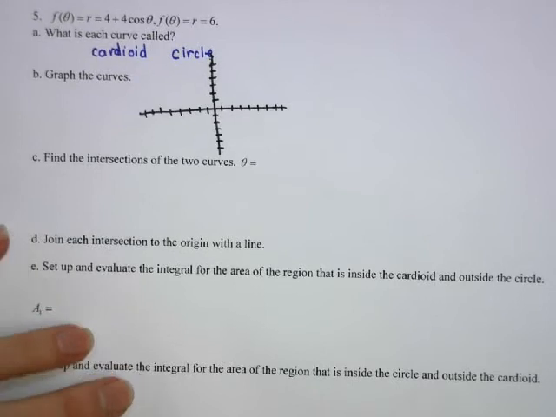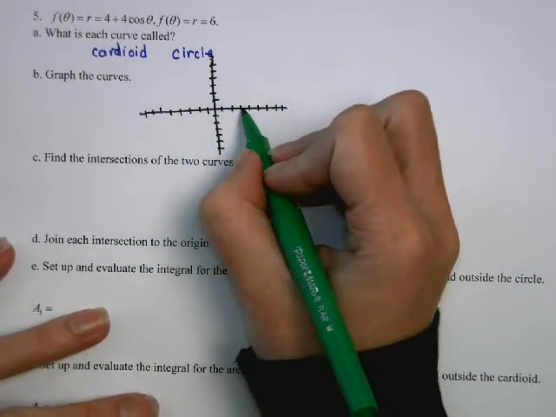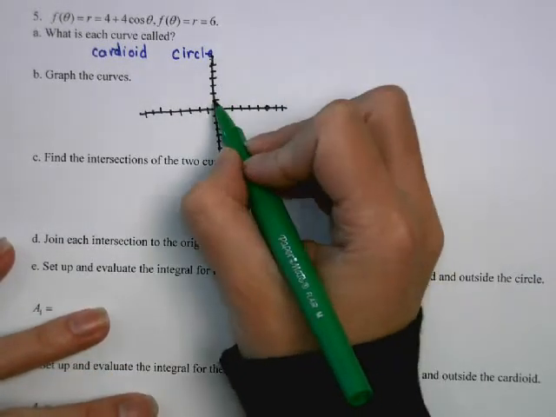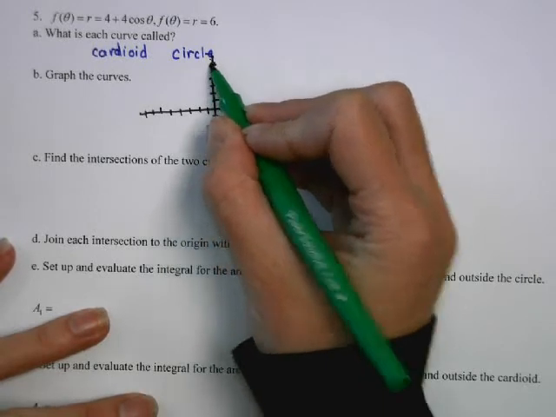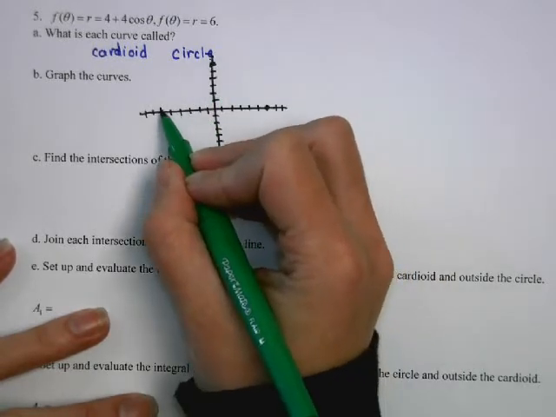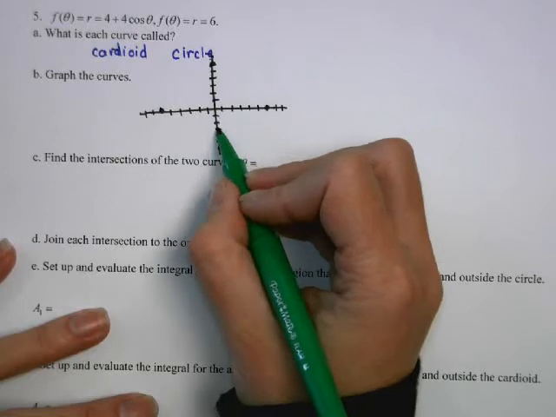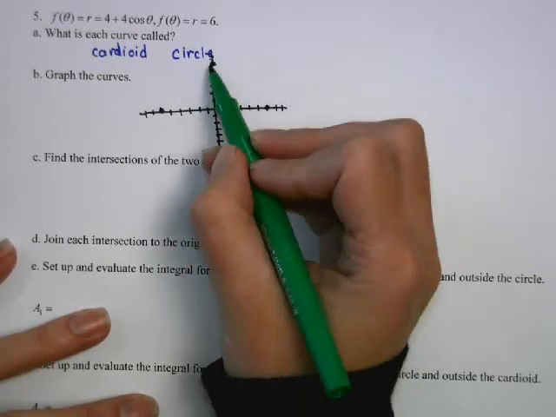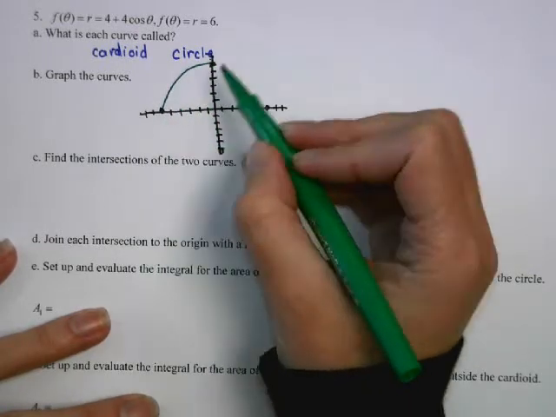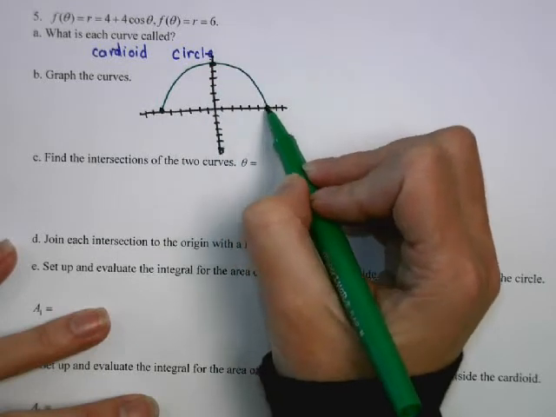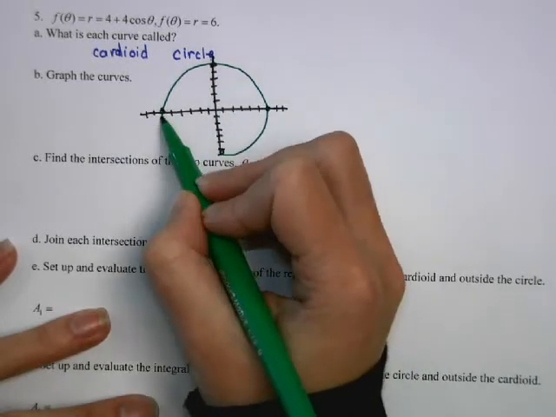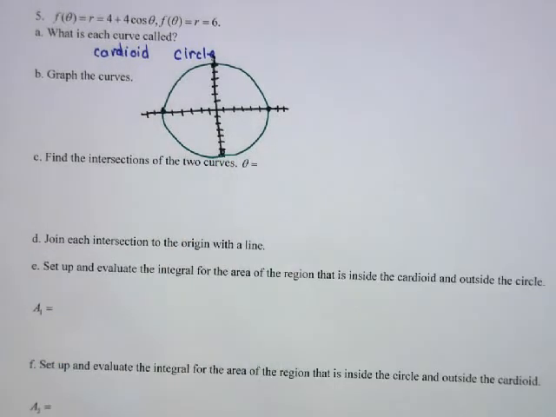So the circle is just going to be out at 6 units. So 1, 2, 3, 4, 5, 6. Okay, so there's my circle.